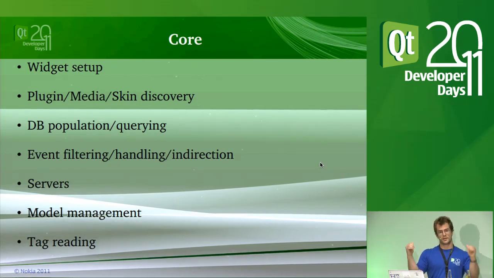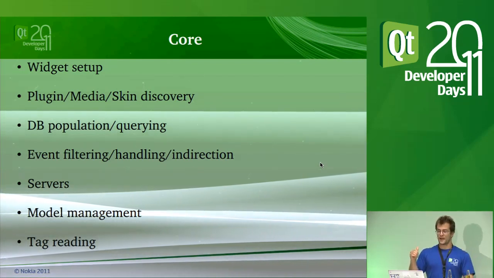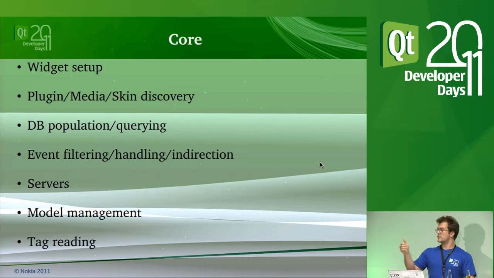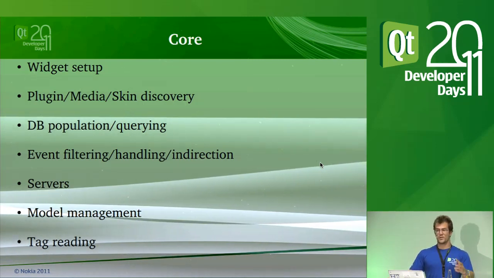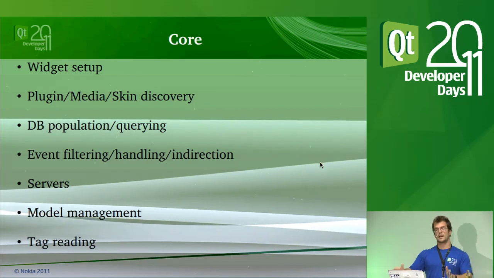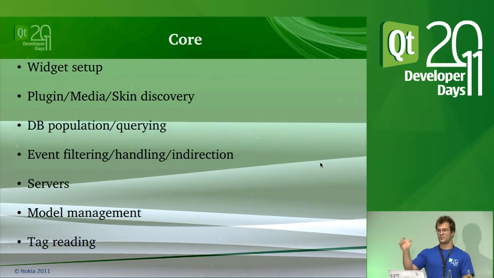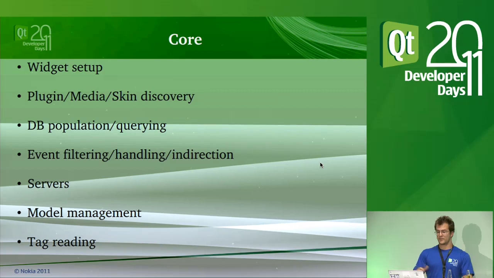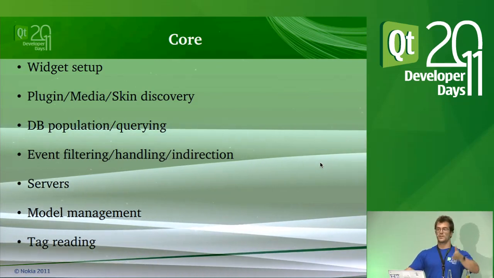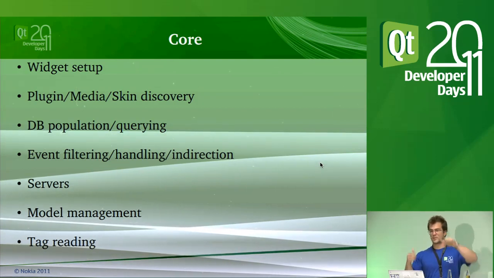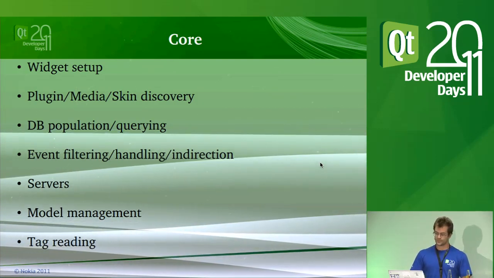Database handling, populating our database and querying it back, and event filtering. We want this UI to be driven via remote control. QML has some hard-coded key handling, but at the end of the day, if you want to use a random input method, you have to be fairly clever and do some pretty complex stuff just to intercept events before they get received and squirt out the events that you want.